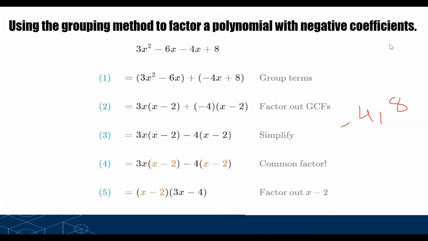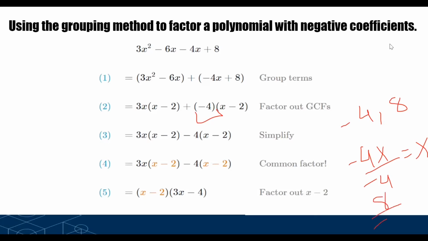Once you figure out your GCF to be negative 4, you are supposed to determine your factor as your next step. How do you do that? You divide each of your terms using your GCF. Negative 4x divided by negative 4 is just x, because you have negative 4 at the top and negative 4 at the bottom, and if you have the same thing on top and bottom, they cancel out and you're just left with x.